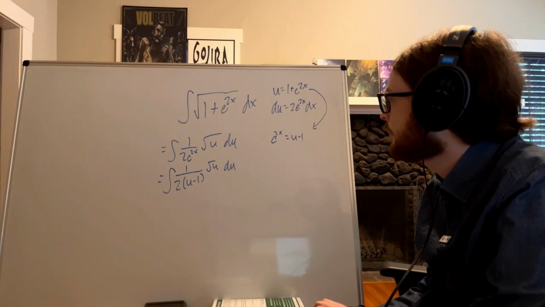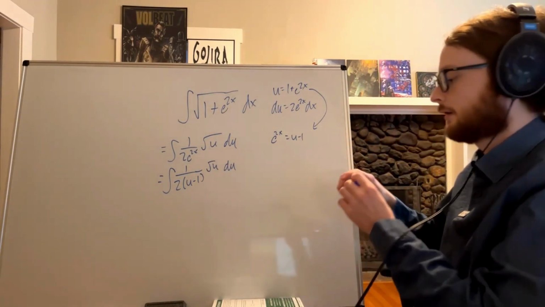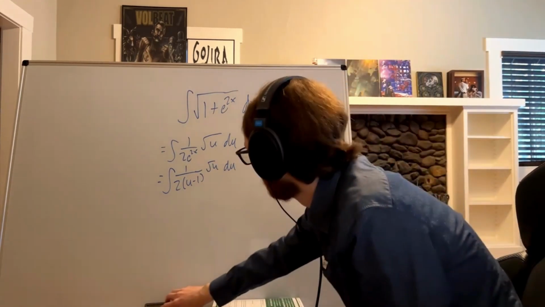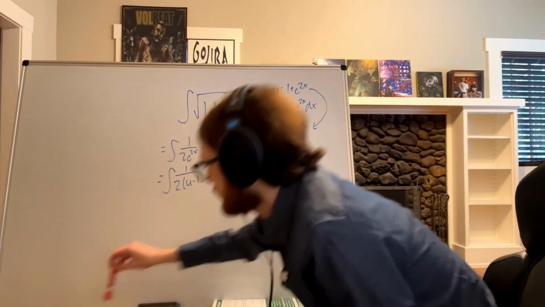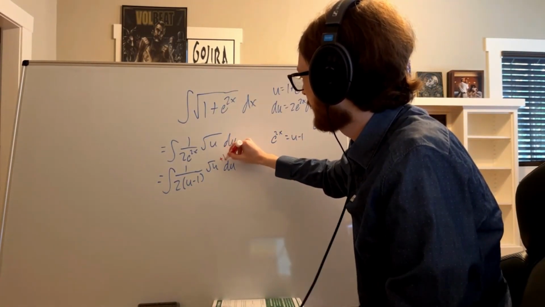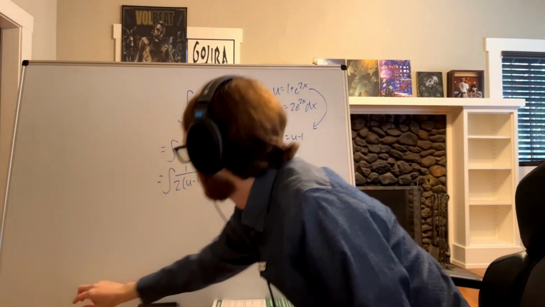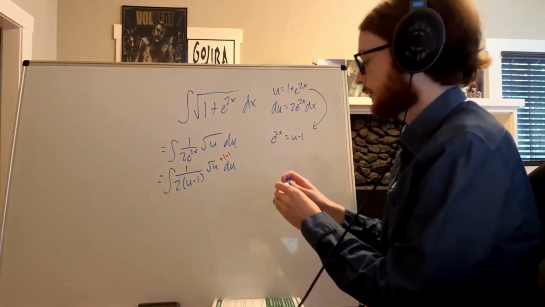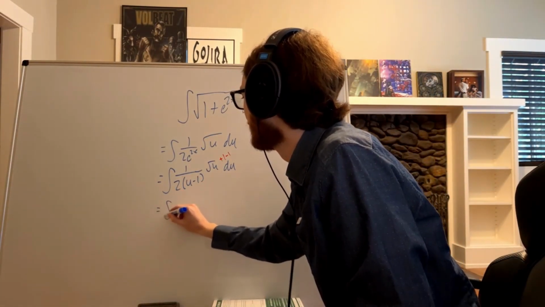Or we need to do a +1 minus 1 in the numerator, I want to say. So without changing the value of this, we can insert a +1 and a -1, and I think that'll do good things for us. I hope.